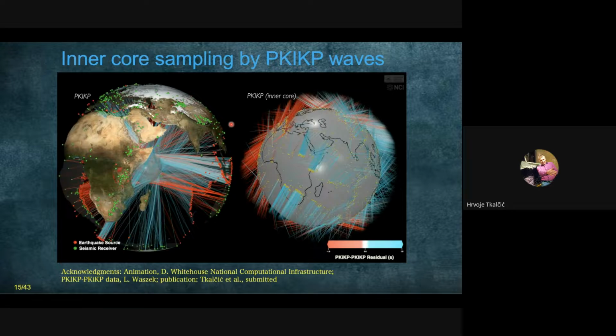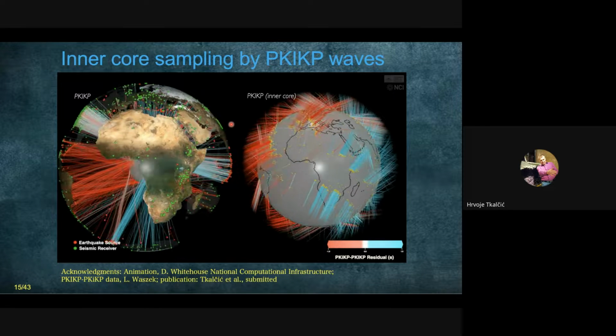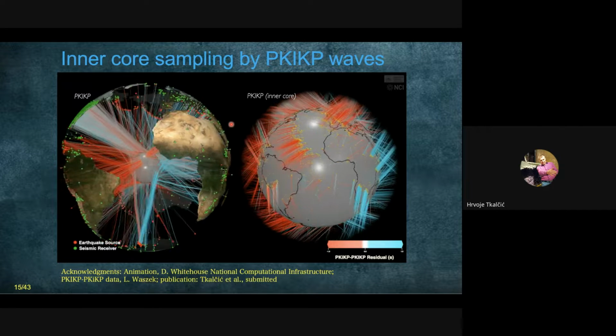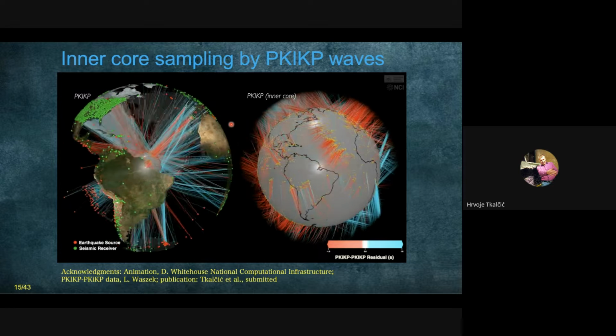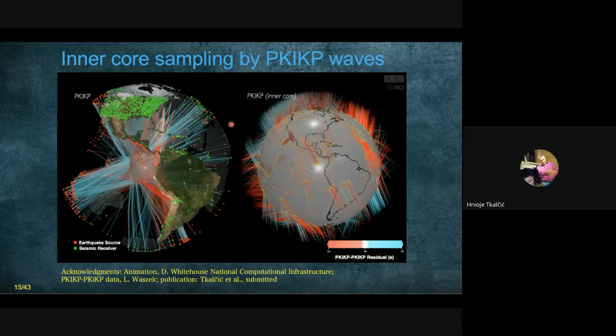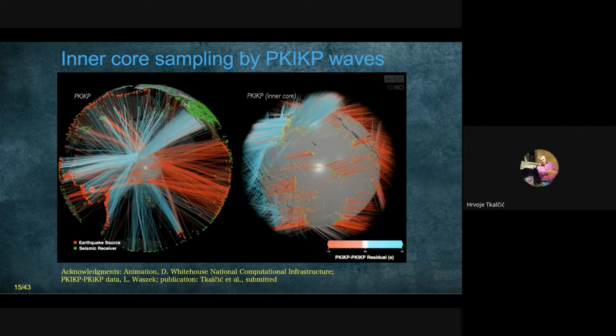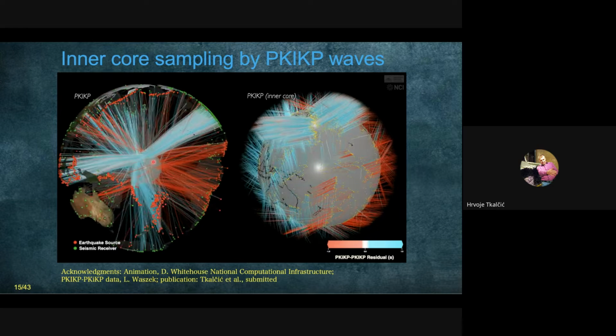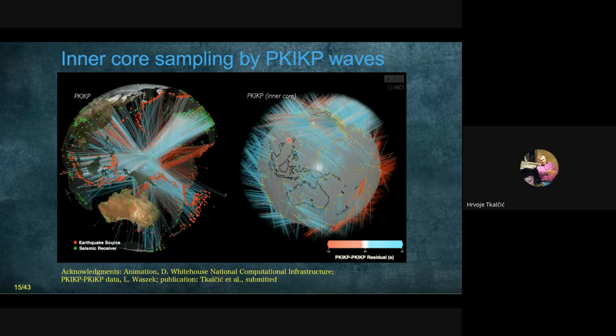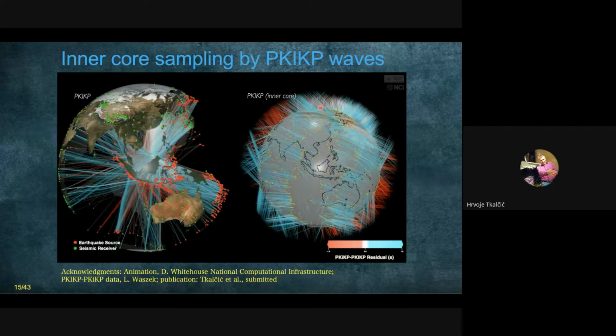Okay, so here is an example of how this coverage of the inner core looks in 3D. The green dots here are stations, and the red dots are large earthquakes, and the gray ball in the center is the inner core, and you can see it enlarged here on the right.